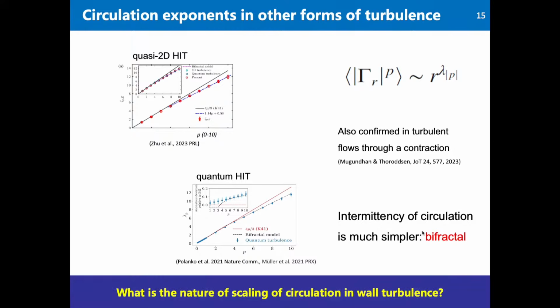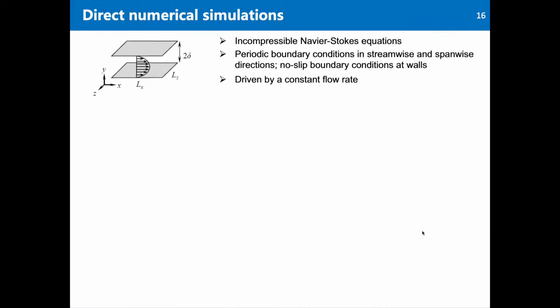Okay, now what is the nature of scaling of circulation in wall turbulence? I've told you so far about what happens away from the walls, and now you get to the wall and find out what it is, and I want to take some time to interpret the results. This will conclude my talk.